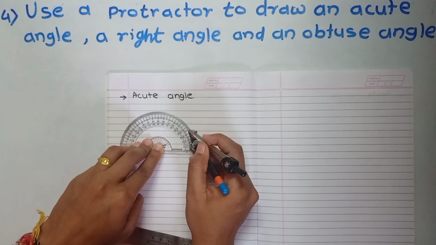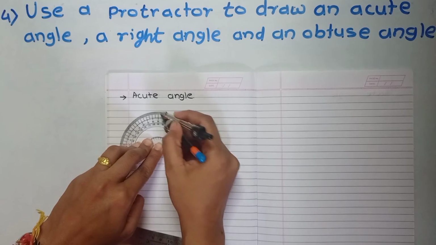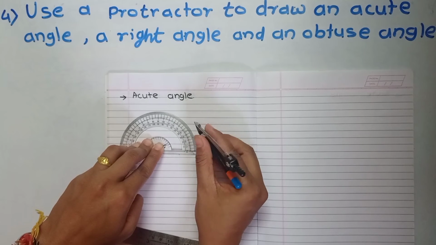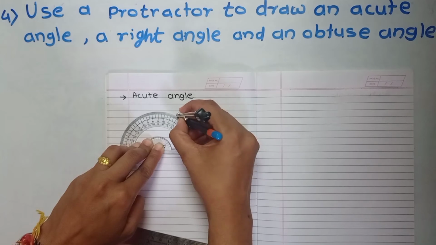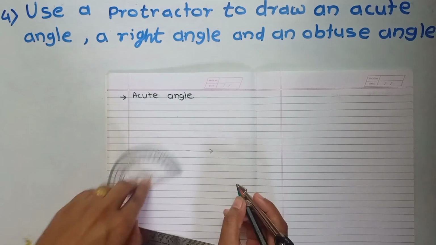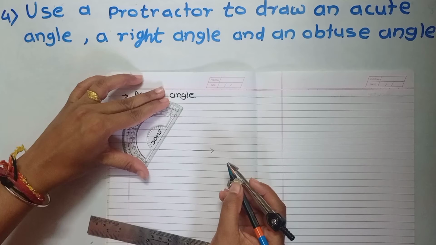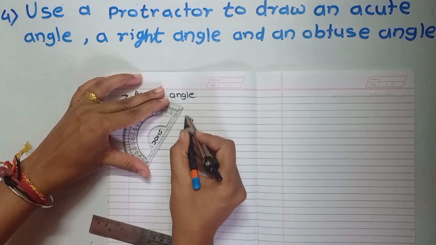The acute angle means the angle which is less than 90 degree. You have to take any angle of your choice. So I have taken 60 degree angle. And join the points.